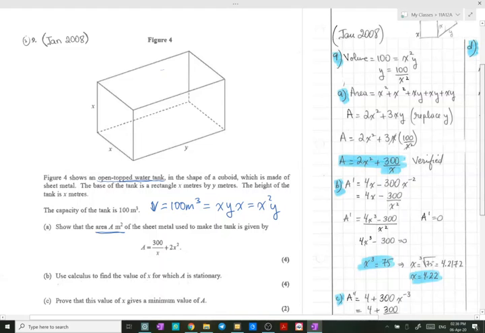of the sheet metal used to make the tank is given by this. So in other words, we want to find the total surface area.